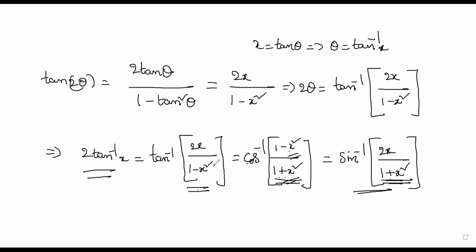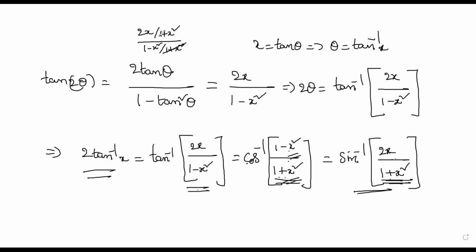And now, tan is sine by cos. Tan x is like sine x by cos x, right? So you take the ratio of this one and this one. So it is 2x by 1 plus x square divided by 1 minus x square over 1 plus x square.